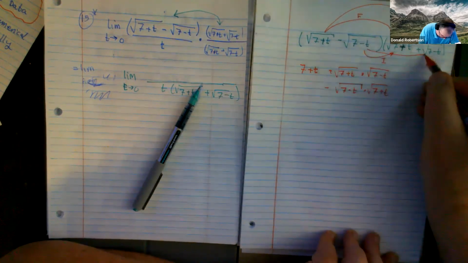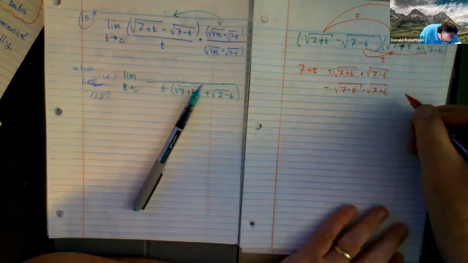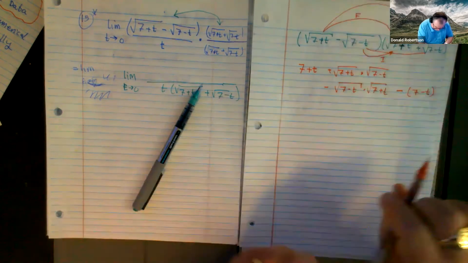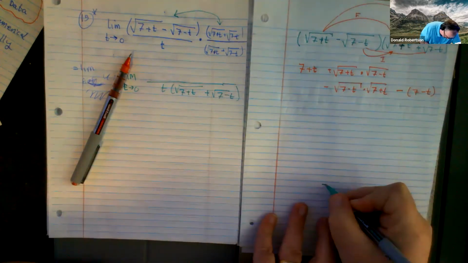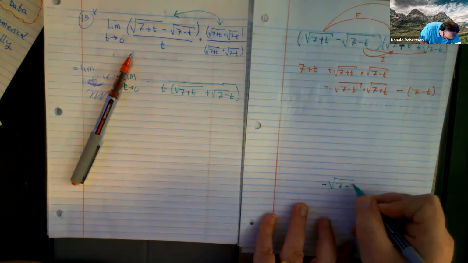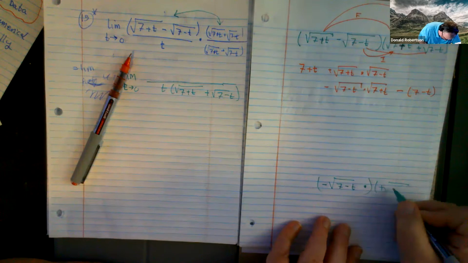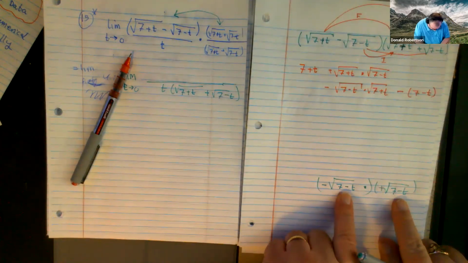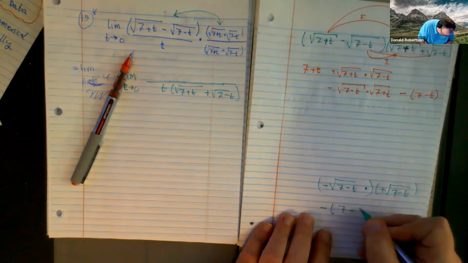And if you do the last, you get negative this square root times positive that square root, and that gets you negative 7 take away t. Now watch that last one really carefully. If you take this guy and you multiply it by this guy, these two are the same, so two square roots make basically the square root go away. Do you see the negative is still there? And do you notice that I put a bracket around it?